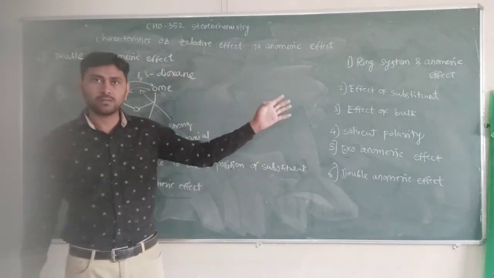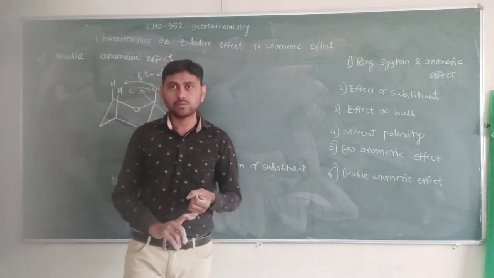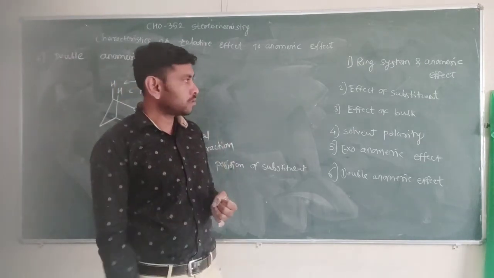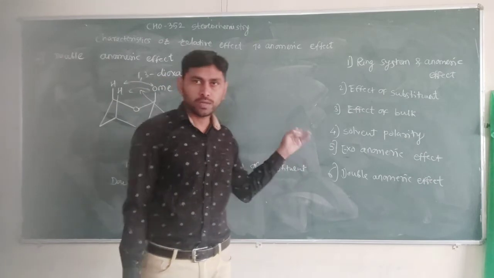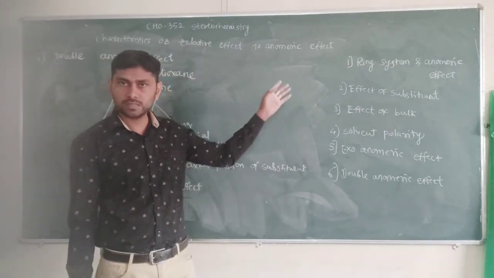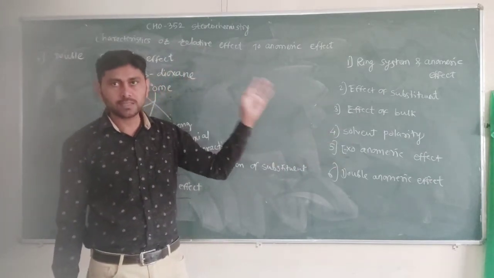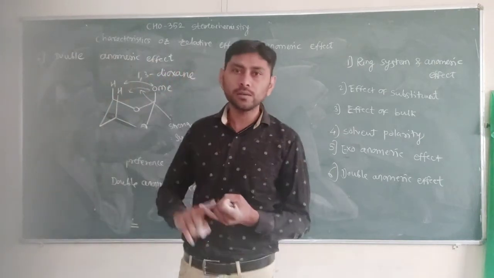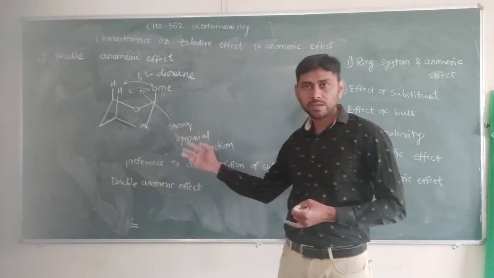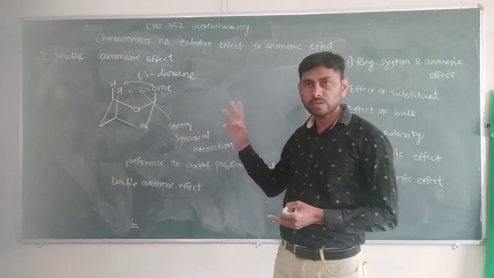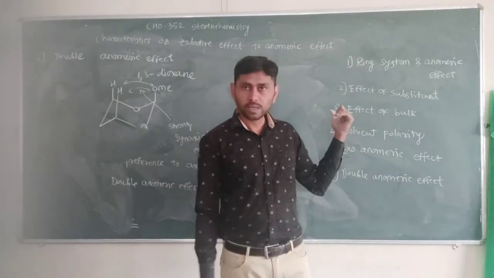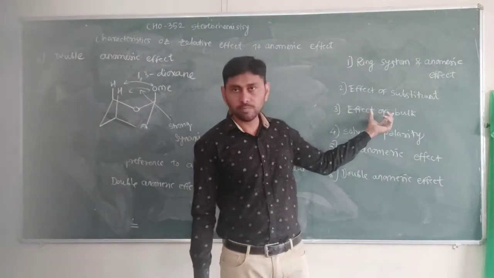There is a certain decreasing order starting from halogen, then OPh, OCO2, OAc, OCS. In this way the order decreases, and when the substituent is N-pyridinium, then the effect is negative, and we call it the reverse anomeric effect. That is the effect of the substituent.